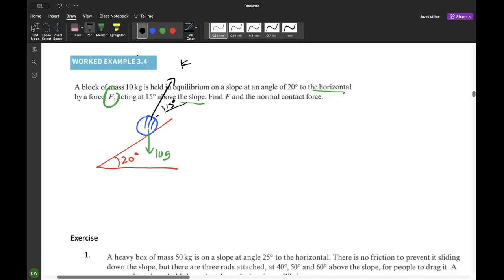So when this object is sitting here, there is another force, the normal reaction force. So you need to find the F and the normal reaction force. This is an inclined plane, so 90 degrees here, this is 70, so this is also 20. You have to be able to see this value and this value are the same.